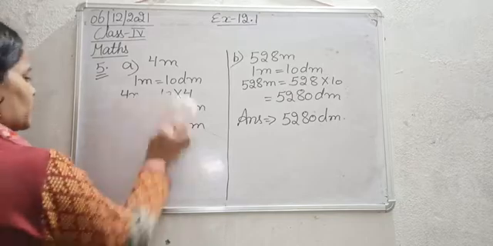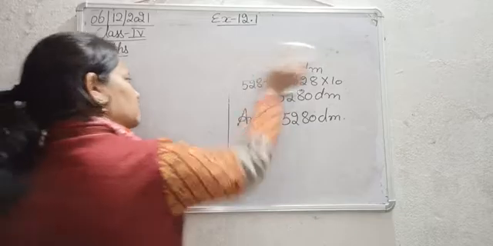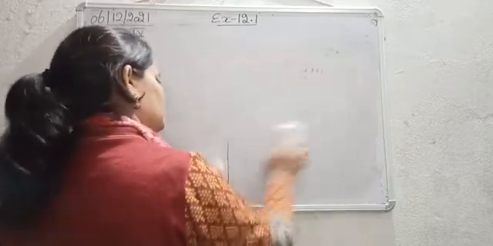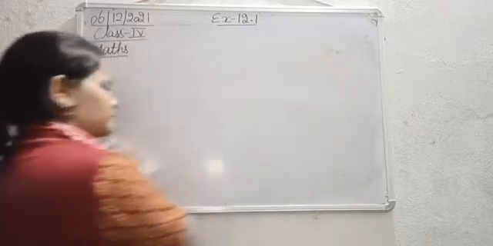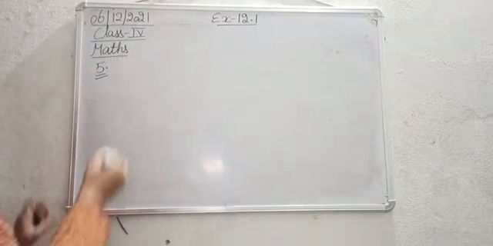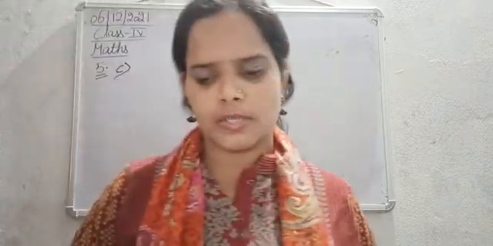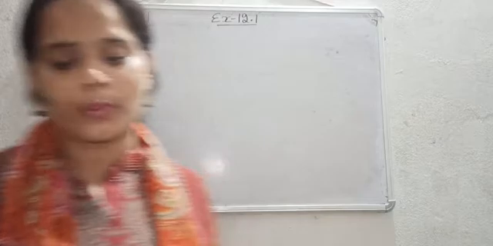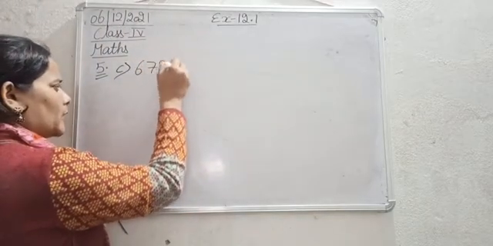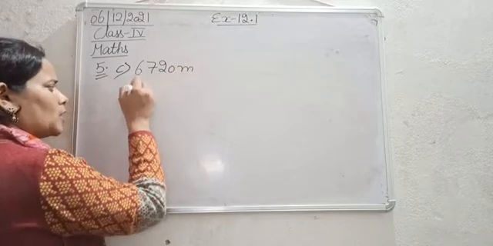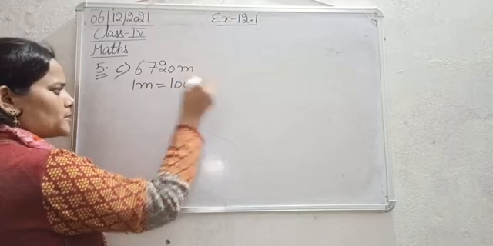Moving to the C part of question number 5. The C part is to convert into decimeter 6720 meter. 1 meter is equal to 10 decimeter.